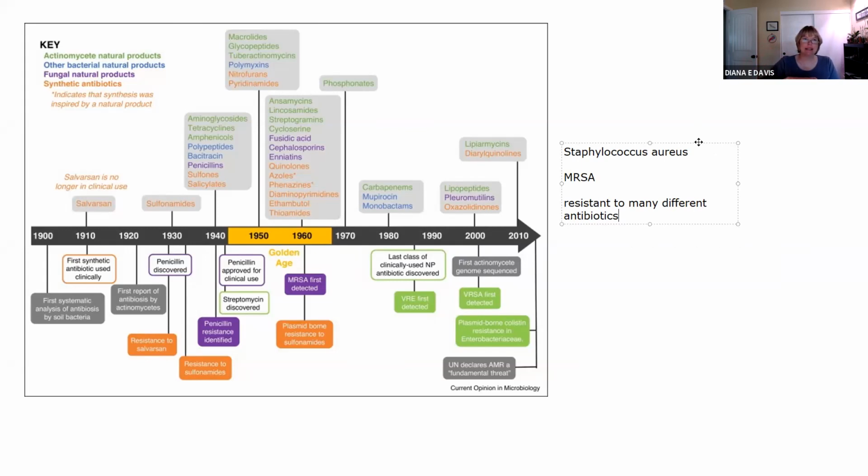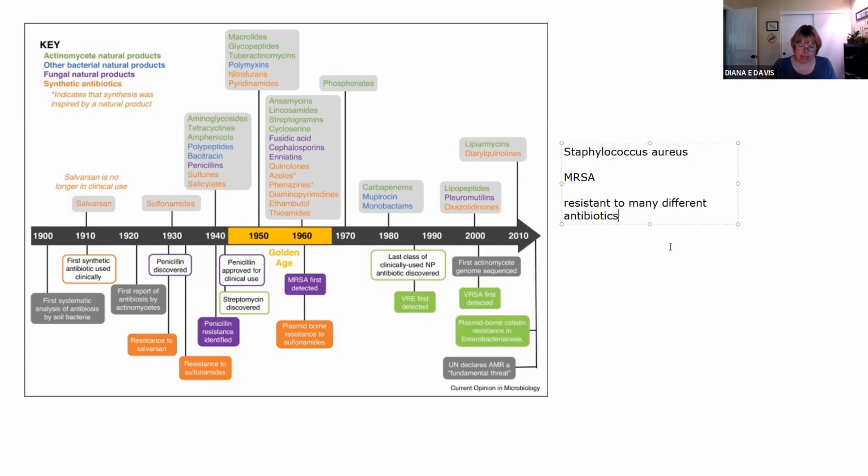We can get things that look a lot like buboes. And it's hard to treat because it is so resistant to antibiotics. And this was seen for the first time in the 1960s.